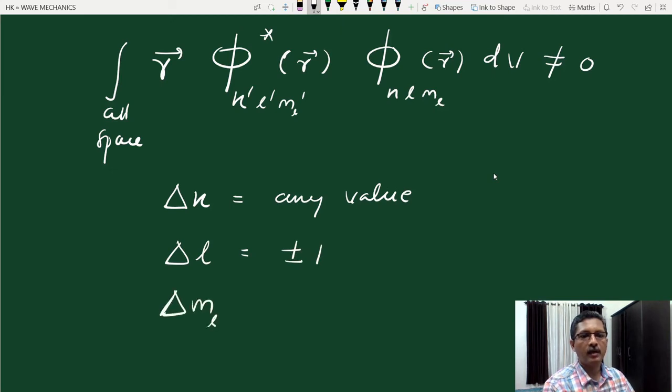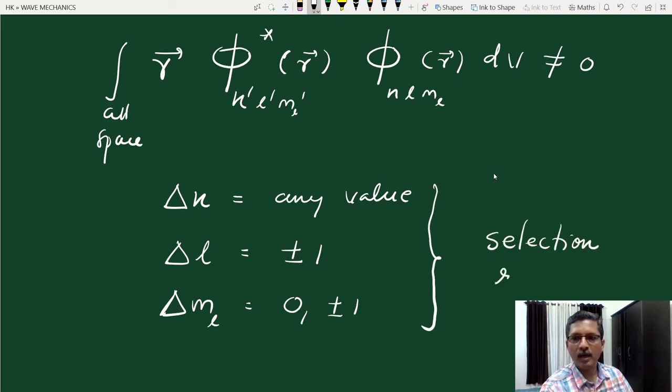The difference in ml value should be either 0 or plus or minus 1. Okay, so we can get this from considerations of parity of the states. We can deduce some results. But in general, in order to get all the results, we need to take into account different wave functions, and we need to do this integral and see which pairs of values are non-zero. So only these pairs of values are non-zero, so they can be deduced from symmetry requirements also, and these conditions are called selection rules.